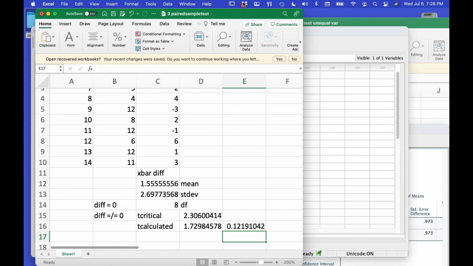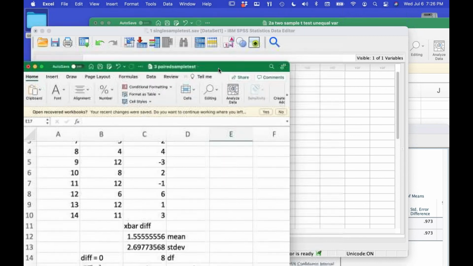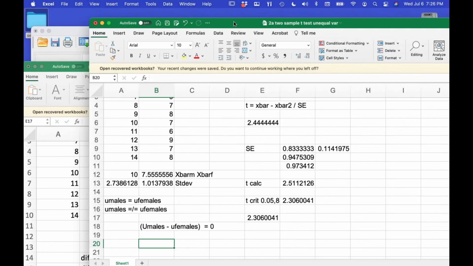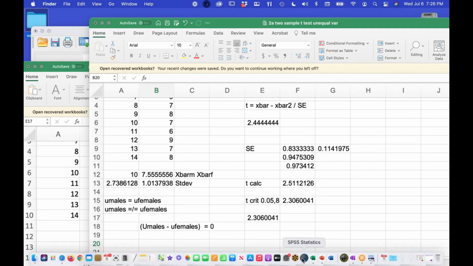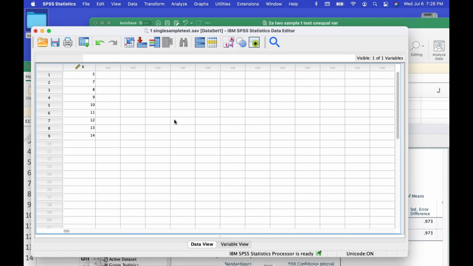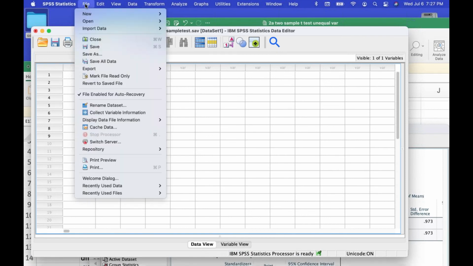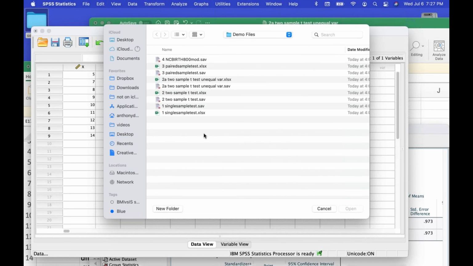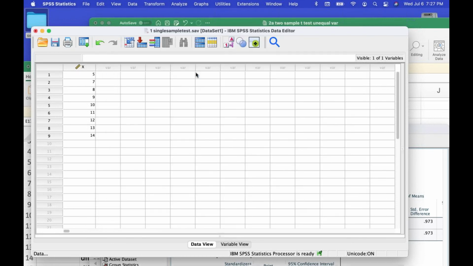And let's do the same thing again with SPSS. Okay, and I'm going to find SPSS again. And let's see, our paired samples SPSS should be the same data in this file.